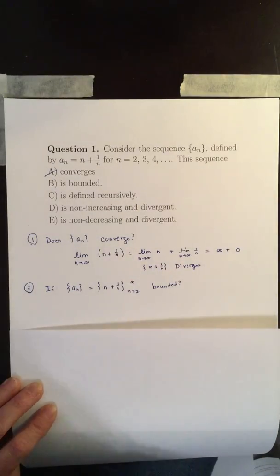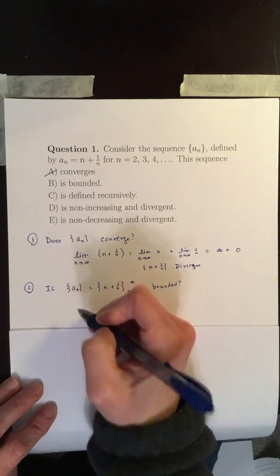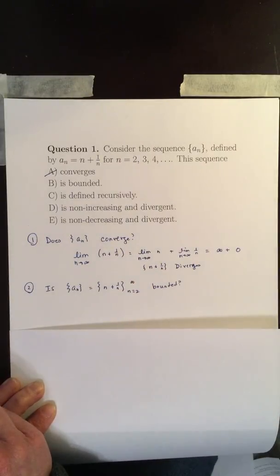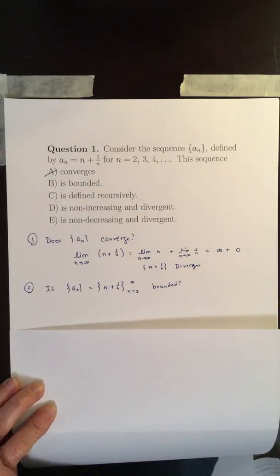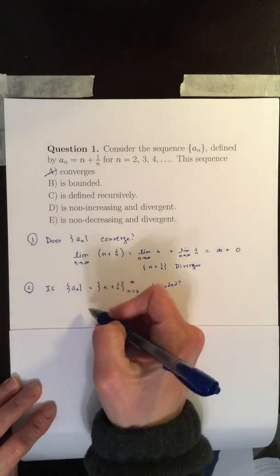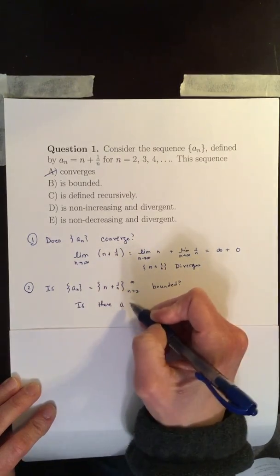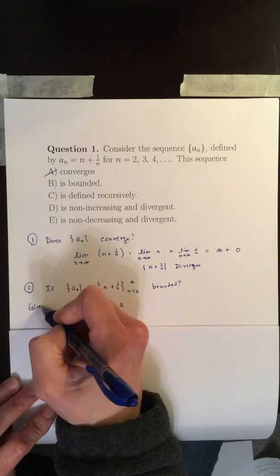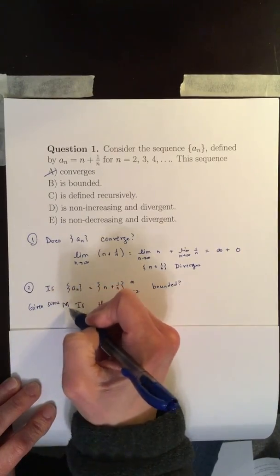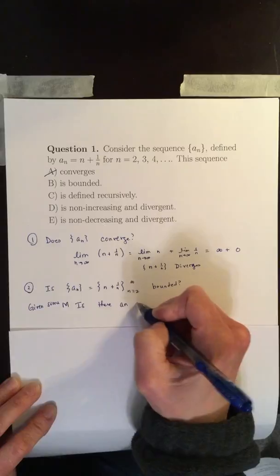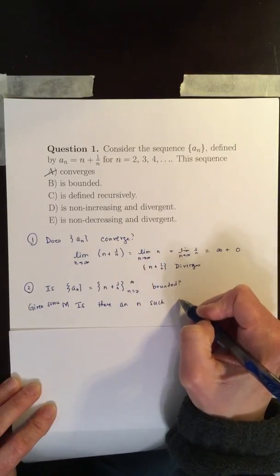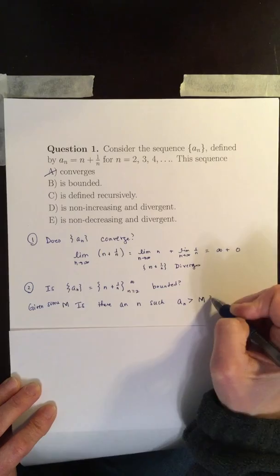For example, if I think that the terms should stay less than 2 million, is there some n value where a sub n and all the numbers after that are bigger than 2 million? So for example, I could say, given some large value m, is there an n such that a sub n is bigger than m?